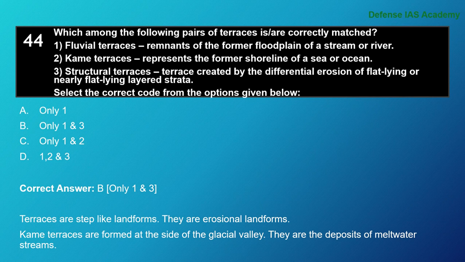Okay, so in the above question only the Kame terraces was wrong. The correct answer for Kame terraces is that it is a step-like formation in the glacial valley, and they are deposits of meltwater streams. So the fluvial terraces and the structural terraces are correctly matched in the question.